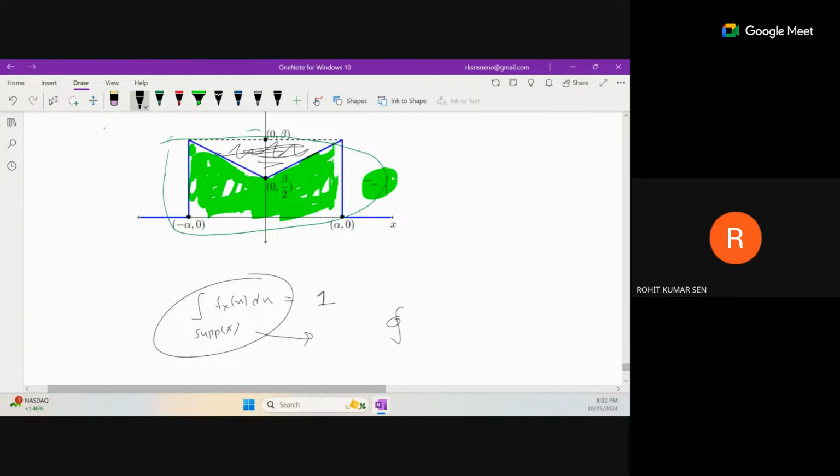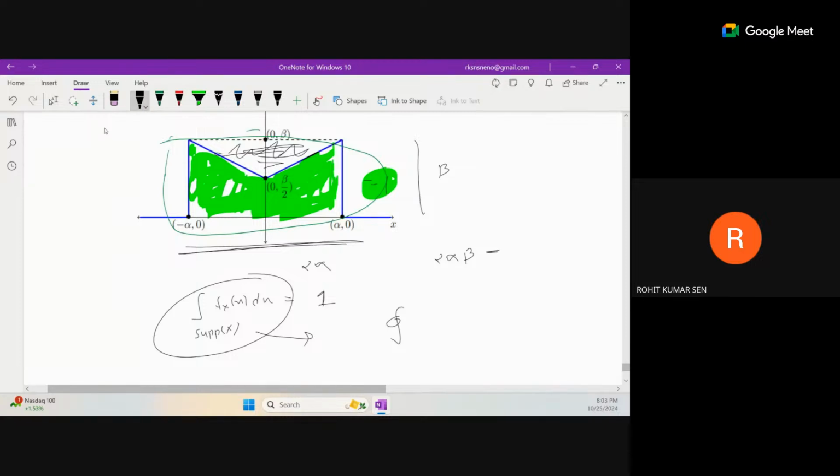So what is the area of the rectangle? You see 2 alpha into beta. Okay, what is my area of rectangle? I have 2 rectangles here.